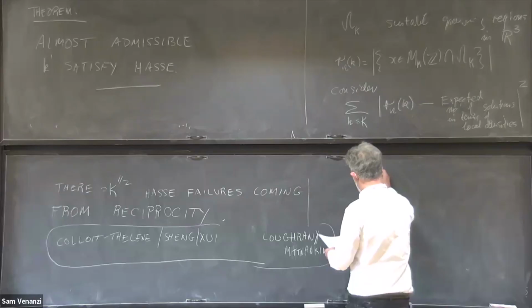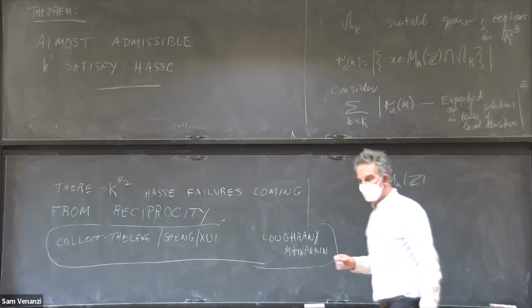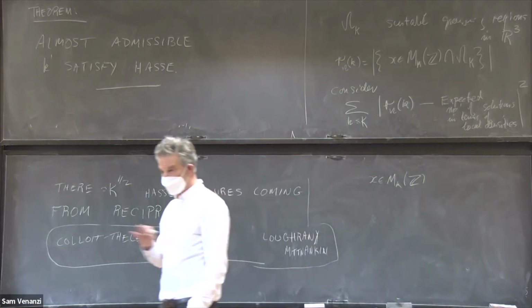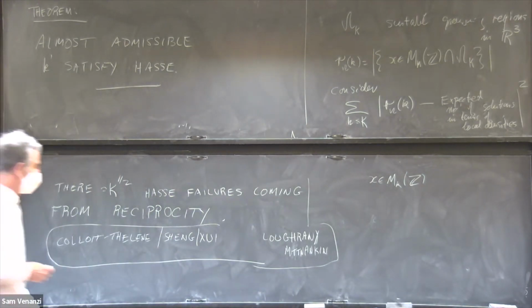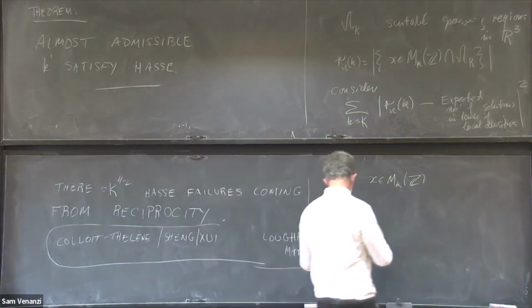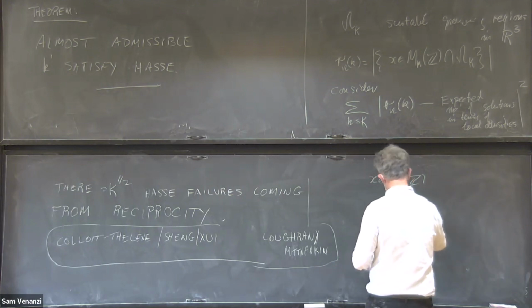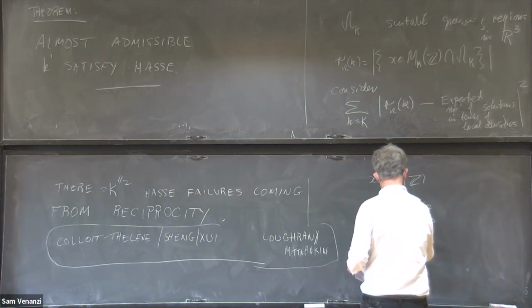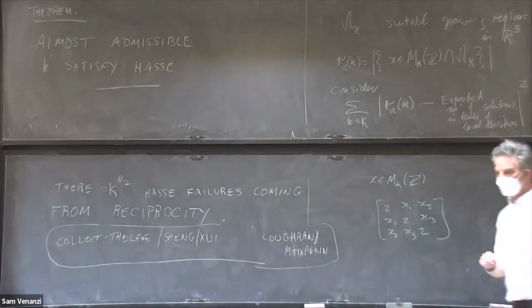All right. So for X in MKZ, I'm going to take a ternary quadratic form, and I'm going to use the Hasse invariant for that ternary quadratic form and some form of quadratic reciprocity to write down a condition. So if I take X in MKZ, let's look at the following matrix: 2, 2, 2, X1, X2, X3, X1, X2, X3. That's an integral quadratic form in 3 variables.